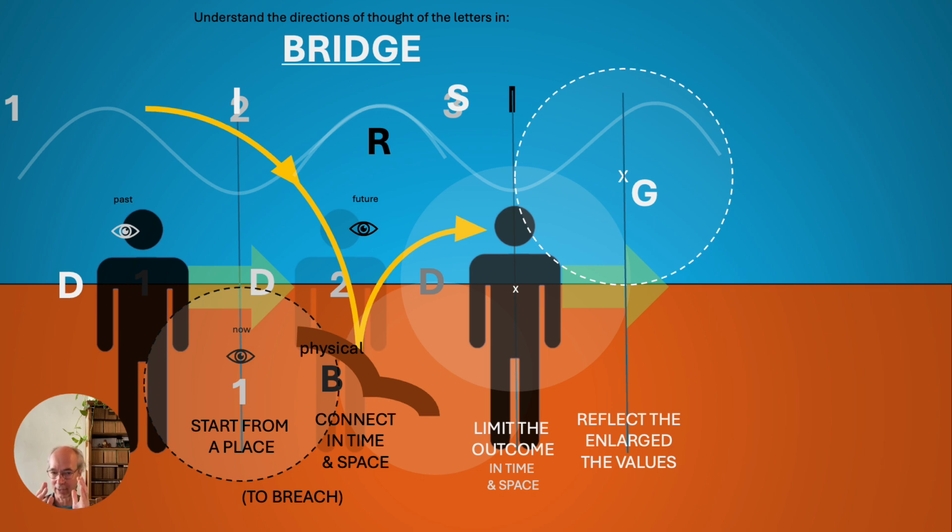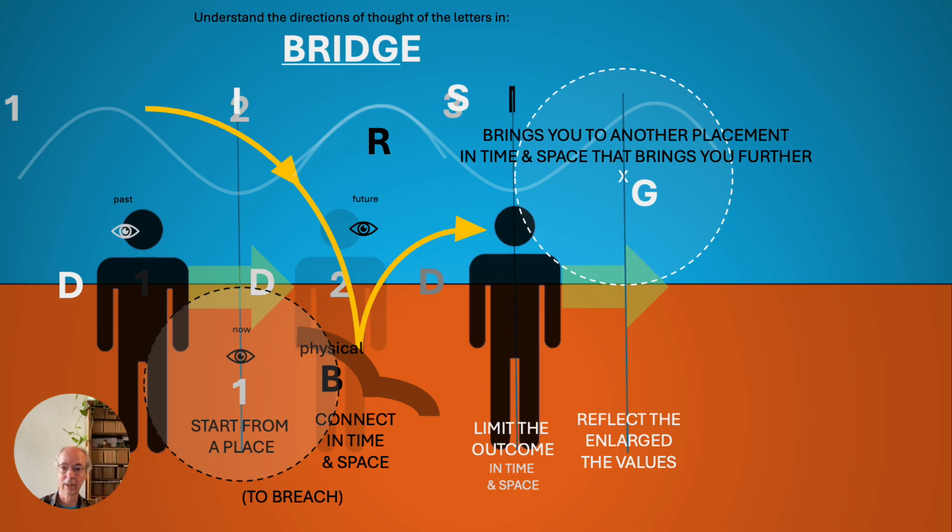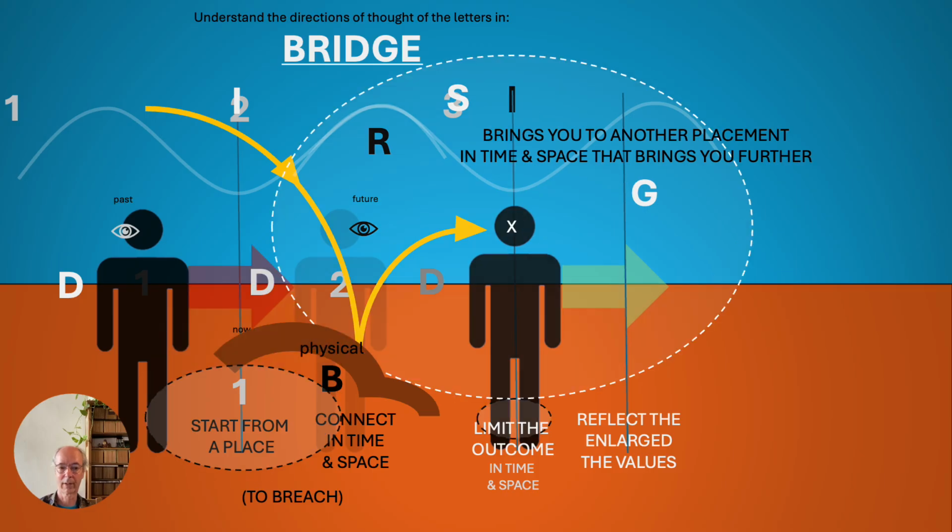With E it says that's the limited place that you can reach with it. It limits the outcome, but in a way you breached it, which D also said, you breached your limitations and you breached it into new conditions, and this reflects also an enlargement of the values. Brings you actually to another placement in time and space that brought you further.